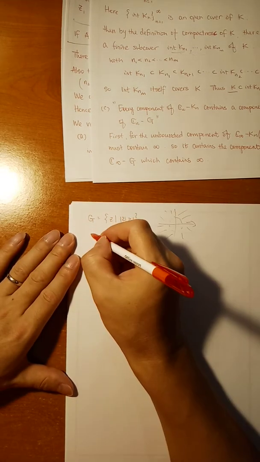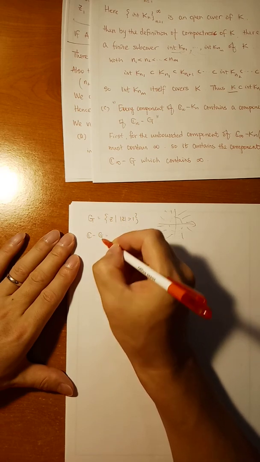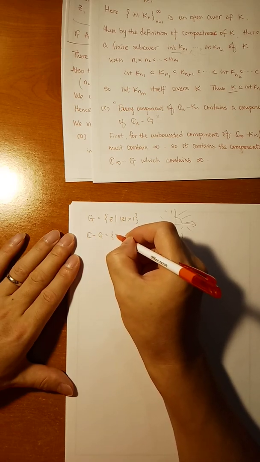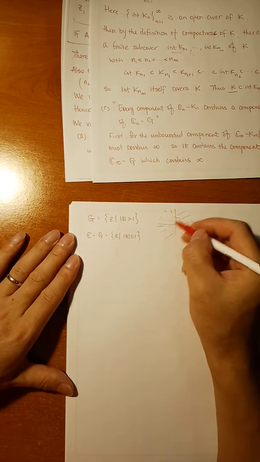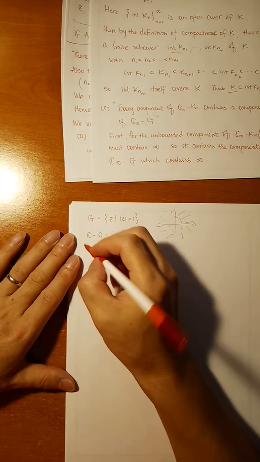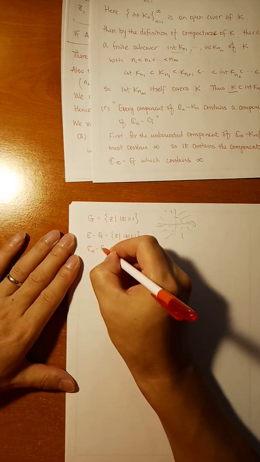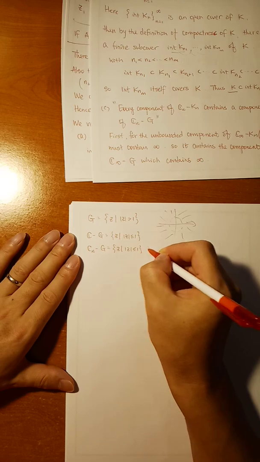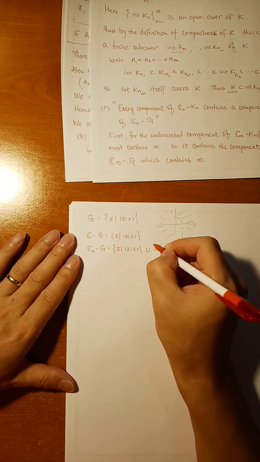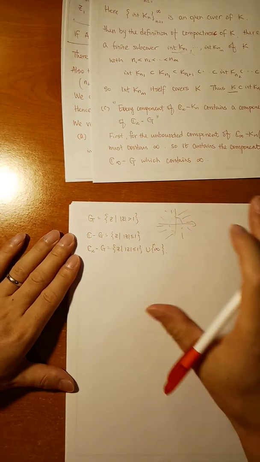If you take C minus G, it becomes a closed subset, the closed disk. But if you use C infinity minus G, you will see it is the closed disk union infinity. Infinity is an isolated point.